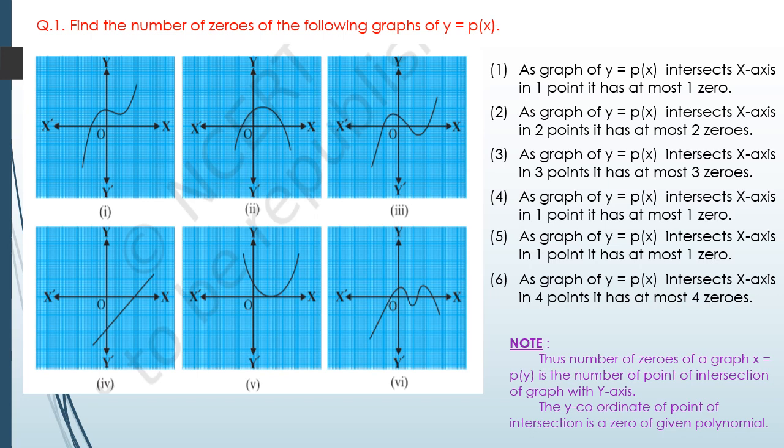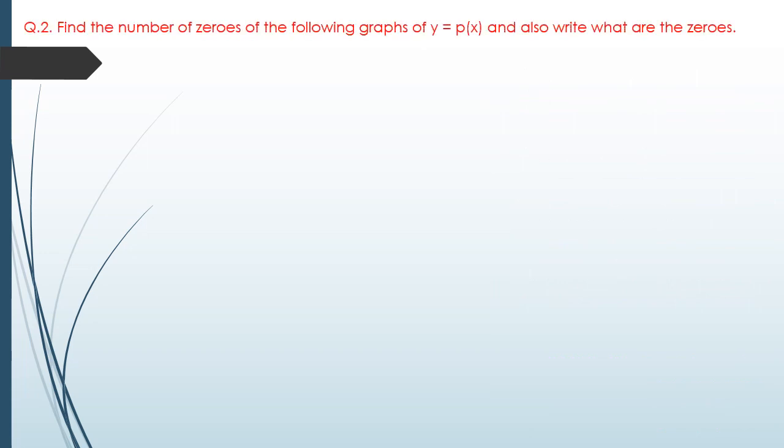That's why we will have only one zero if it is the graph of x is equal to p of y. So this you have to understand carefully, and to write the zeros also we are going to consider the y coordinates.